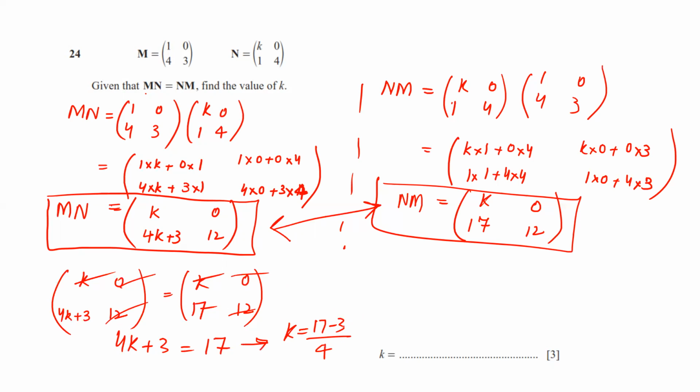So k is equal to 14 by 4, which is 7 by 2. So k is 7 by 2 or 3.5. So this is how you go about this question.